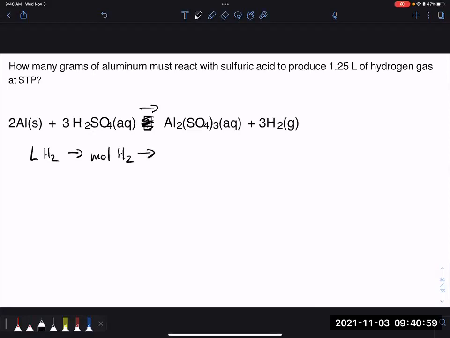Once we have moles of H2, we can go to aluminum, because our question is how many grams of aluminum. So we can use moles of hydrogen in this equation to get moles of aluminum, and then for moles of aluminum, we can get grams of aluminum.